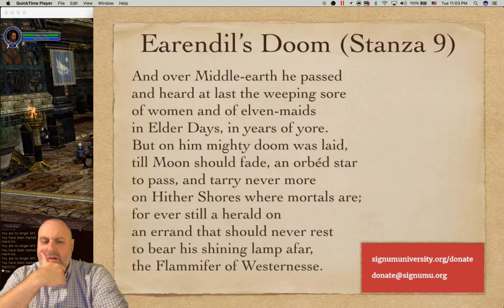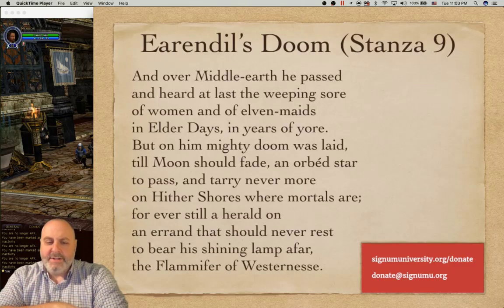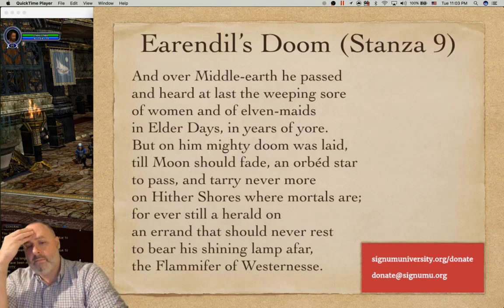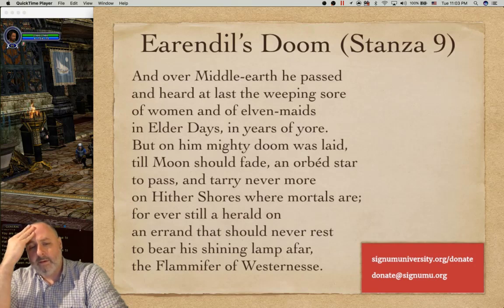That describes the errand. Yeah. An errand to bear his shining lamp afar, the flammifer of Westerness, which is an appositive describing lamp. I think. I mean, it describes him.